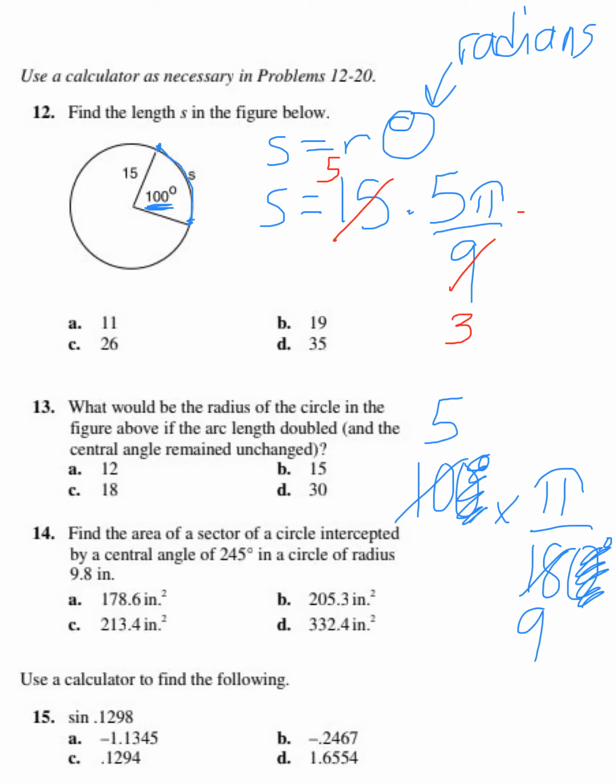Multiplying straight across, I get 25 pi over 3. None of my choices look like that, so they've just turned it into a number. I'll do 25 times pi on my calculator, then divide that by 3, and I get 26.17, and so on. If I round that, I get choice C, 26.